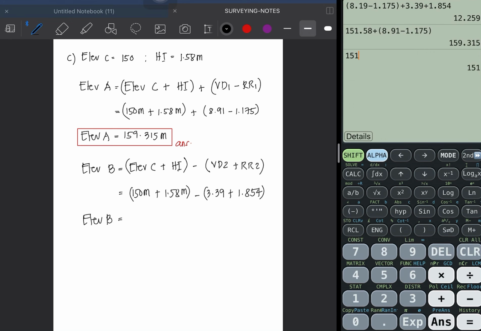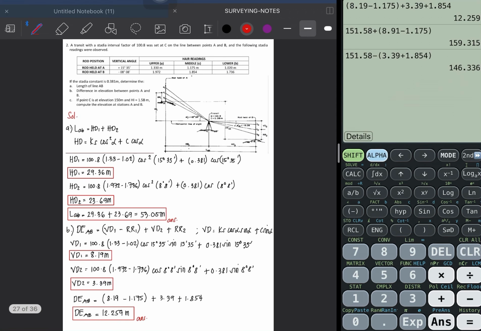So elevation B is equal to 151.58 minus 3.39 plus 1.854. That is 146.336 meters. So this is the answer for elevation at B. Okay, so that's the answer to problem 2.